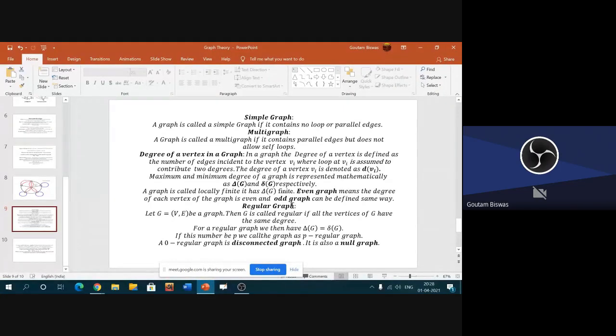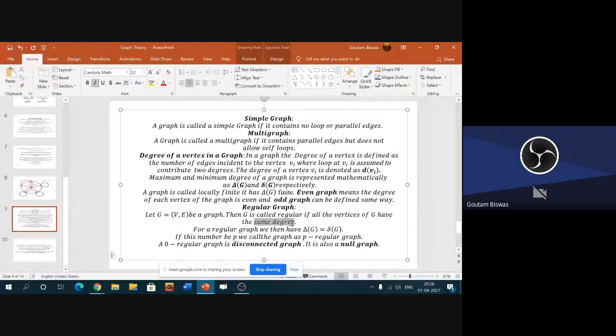Now this is a very important concept, the regular graph. G is called regular if all the vertices of G have the same degree. Either 5, or 6, or 7. So it may be odd, it may be even.